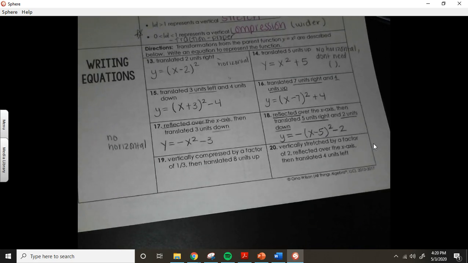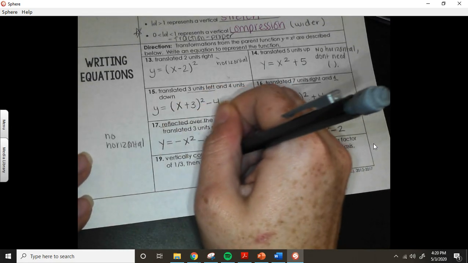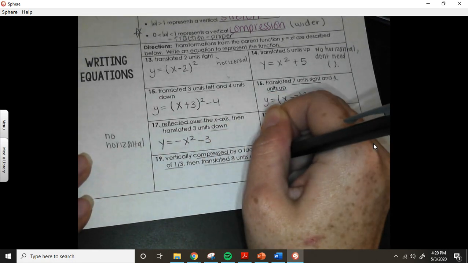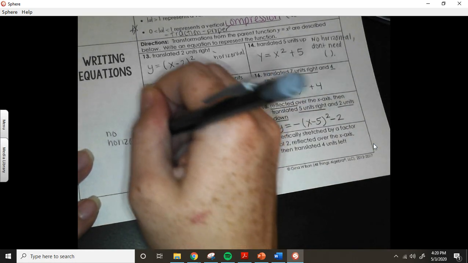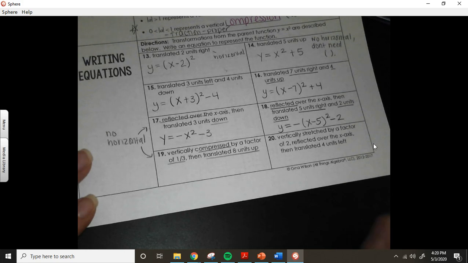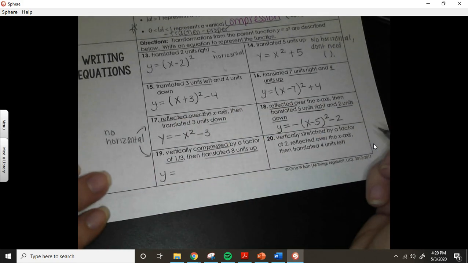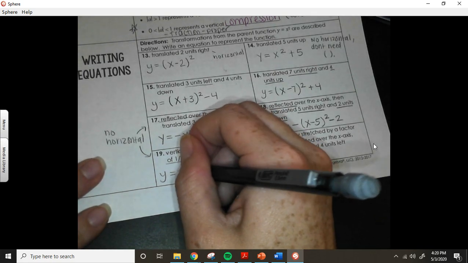All right, now this one has a vertical compression by a factor of 1/3, then 8 units up. Again, no horizontal for this one, so I do not need parentheses. There's no reflection, so this is not negative. However, a is now 1/3.